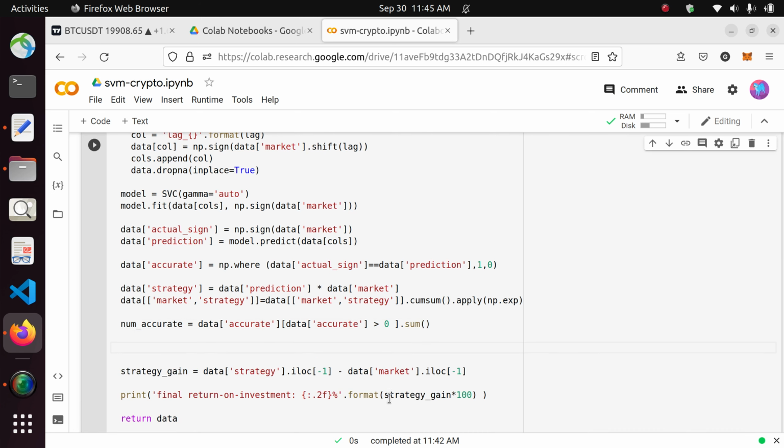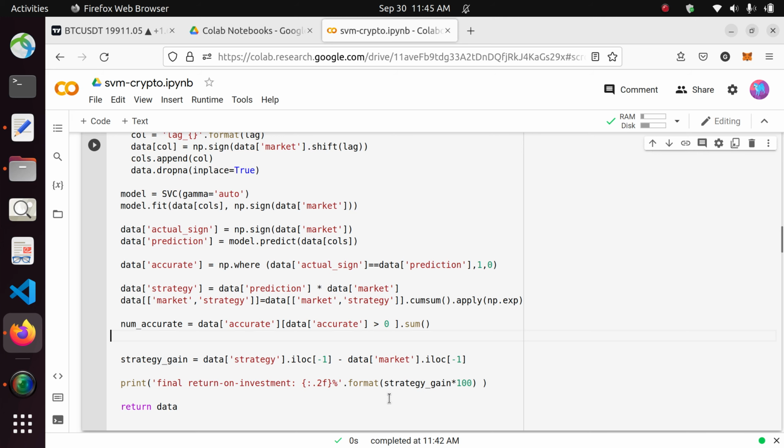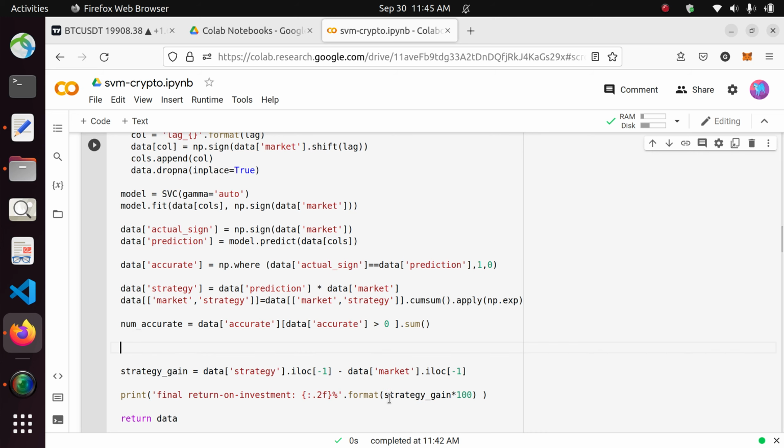And now we can see percent accurate. We'll call it accuracy, equal to the number accurate over the shape of data accurate, the first index of the shape, which is the number of rows. That should be good.